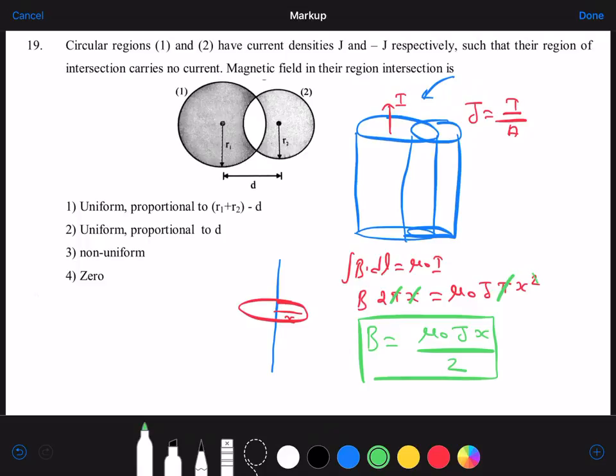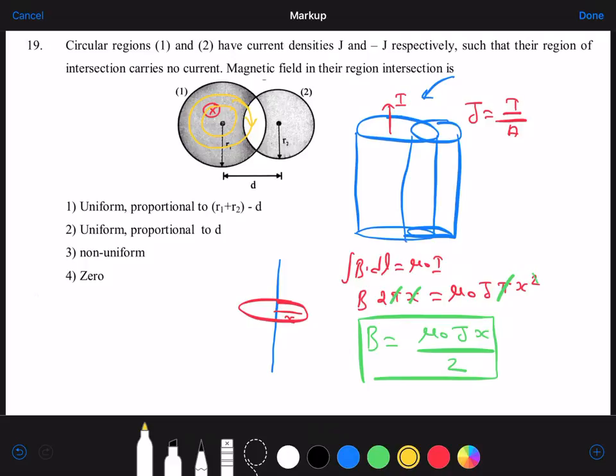Now what about the direction of the magnetic field due to these two current carrying conductors? Assume that on the first conductor the current is going into the plane. According to Ampere's right hand rule, the direction of magnetic field lines around this one will be in concentric circles, and over here it will be in downward direction.